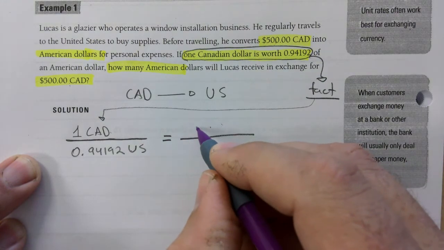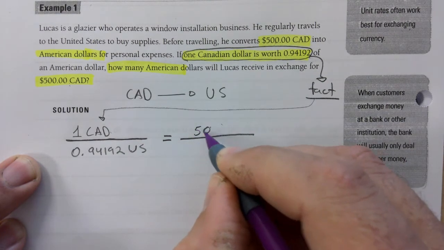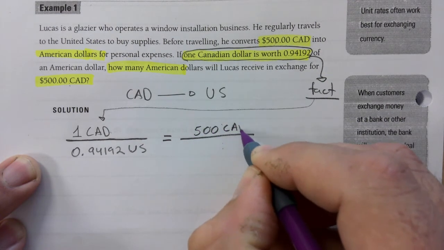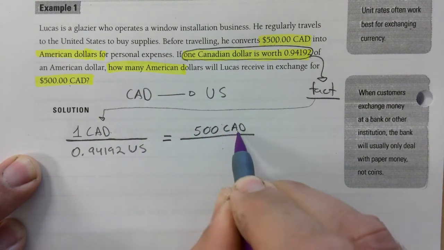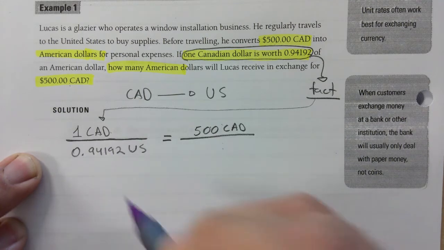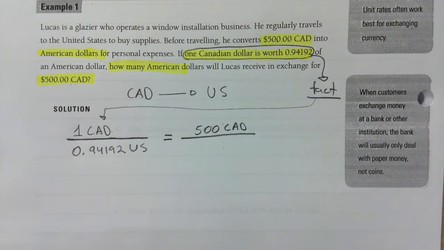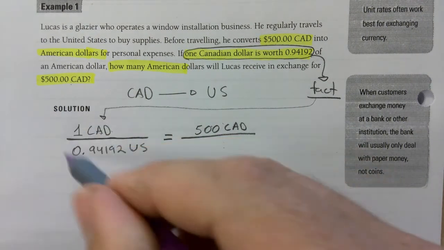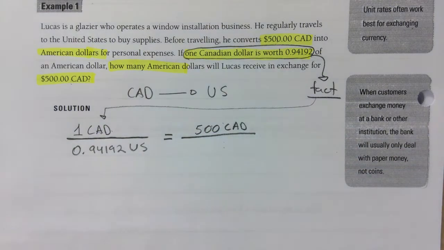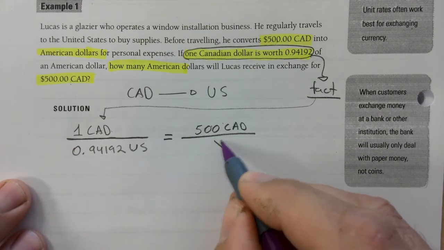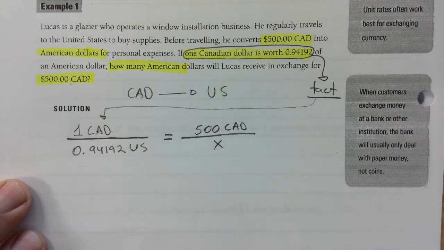So the 500 will go up top because Canadian is up top. That's the important thing. It doesn't matter if you put the US on top and Canadian at the bottom on this side, as long as you match it on the other side. There you go. So we put an X there for US dollars.